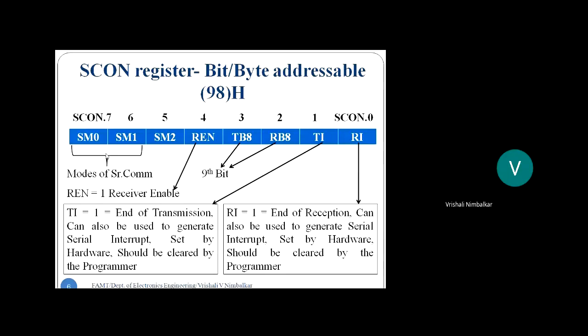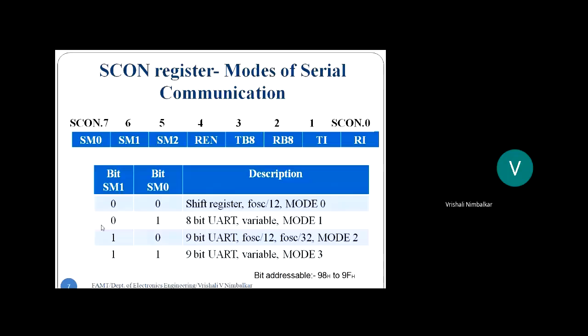And we looked into the 4 modes of serial communication. 00 is mode 0, synchronous serial communication, operating as a shift register with a frequency of f oscillator by 12. 01 is mode 1, 8-bit UART communication with a variable baud rate. 10 is mode 2, 9-bit UART communication with 2 fixed baud rates, f oscillator divided by 12 and f oscillator divided by 32. And 11, which is mode 3, is a 9-bit UART with a variable baud rate.